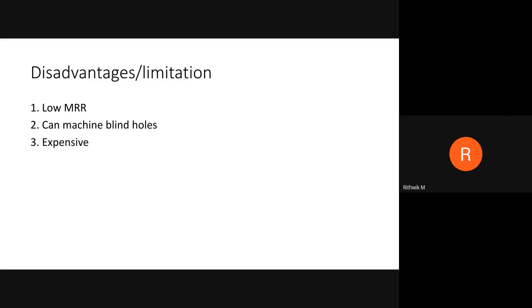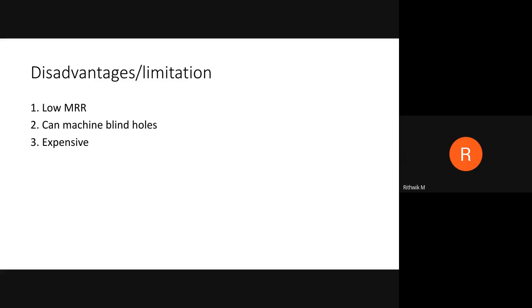Blind holes can be made using this process. And finally, one more thing, regarding the cost, it is very expensive. So these are the main disadvantages or limitations of abrasive flow machining.